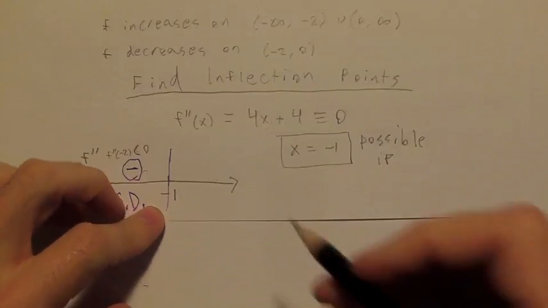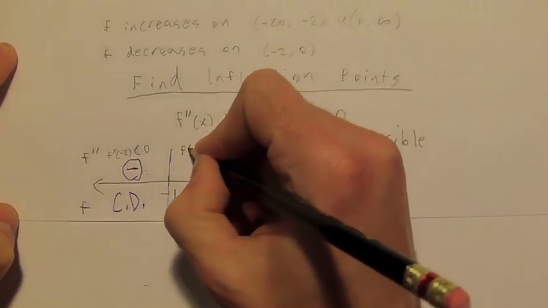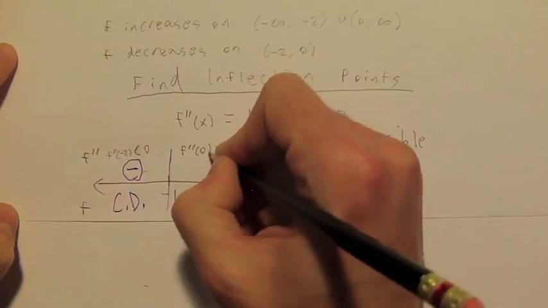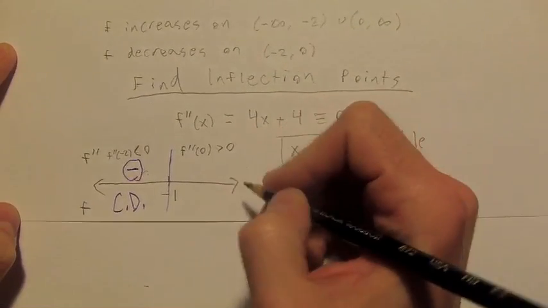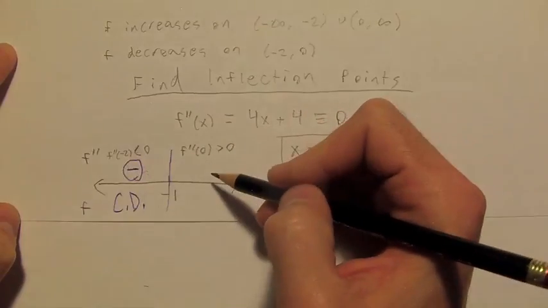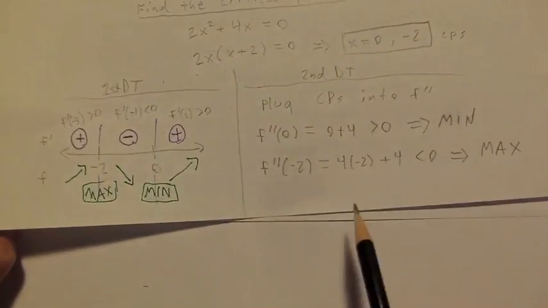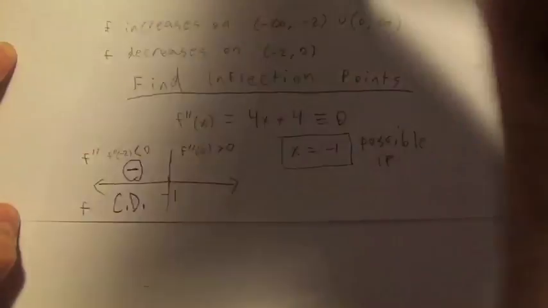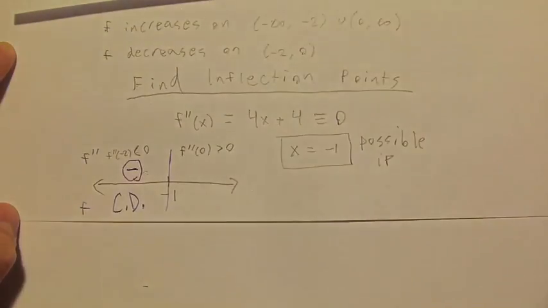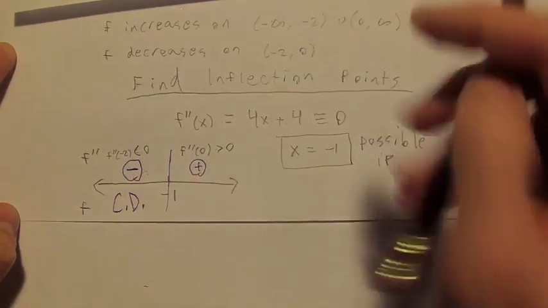All right, and now to the right of negative 1, if I plug in 0, that's an easy one to do. 0, that will be positive 4. Okay, and as you see, I actually just plugged in what I already did for the second derivative test, which is often what ends up happening. So you often already have all that information. You don't have to do it again if you do the second derivative test.